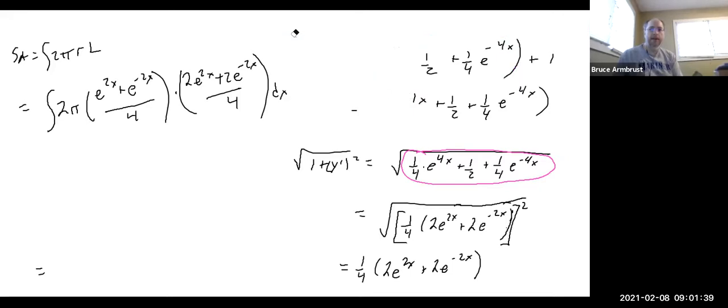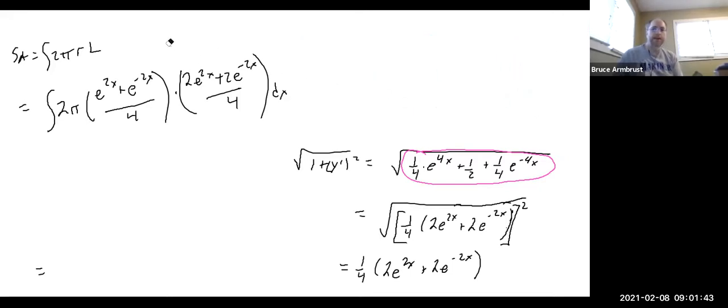Okay, so that's what the integral is going to look like in order to find our surface area. We do need the bounds. I don't remember what they were. 0.1 to 1.2.